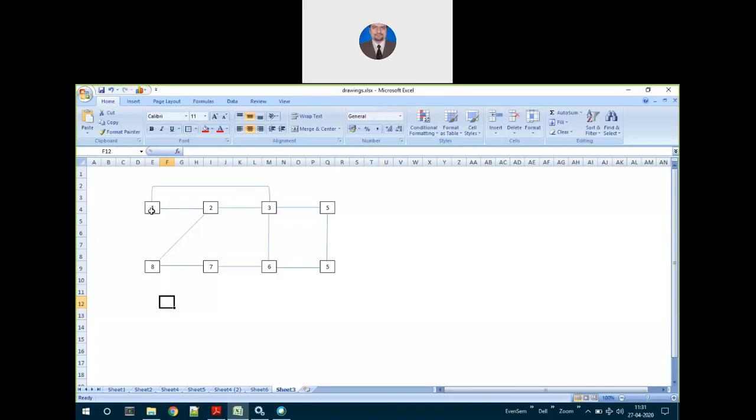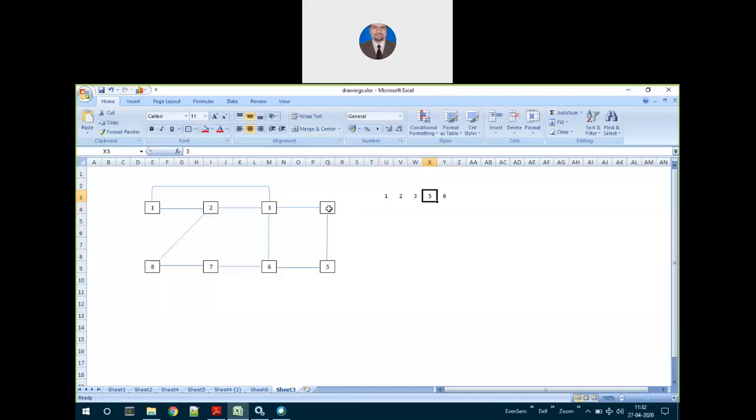See, if we start from vertex 1, say 1 to 2, let us try to see here without drawing the state space tree. Say from 1 you go to 2, 3, from 3 to say 5, this is 6, from 5 to 6... sorry, there is a mistake while typing here.